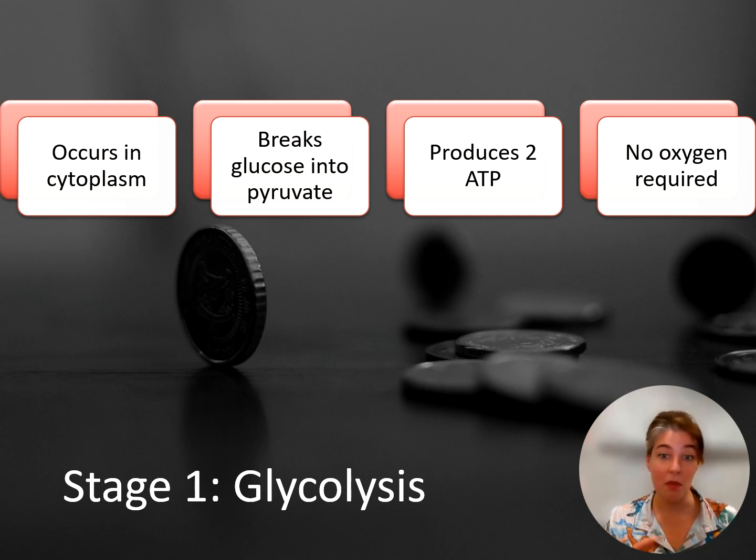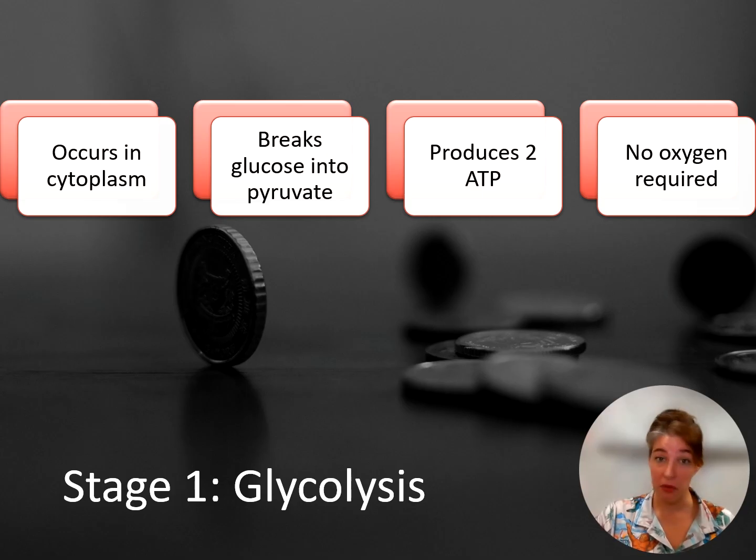So this can be a prokaryotic or a eukaryotic cell that can do glycolysis. And it's important because it's step 1 for both aerobic with oxygen and anaerobic without oxygen respiration. It's also fast. This is useful when your body needs that quick energy, like you're sprinting.